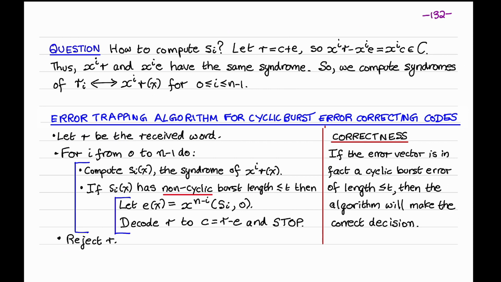That's because the operations involved are computing the first syndrome S_0 of the vector R, which we saw is a polynomial division that is easy to do in hardware, especially if C is a binary code. And secondly, all subsequent syndromes S_1, S_2, S_3 can be easily obtained from the first syndrome S_0.